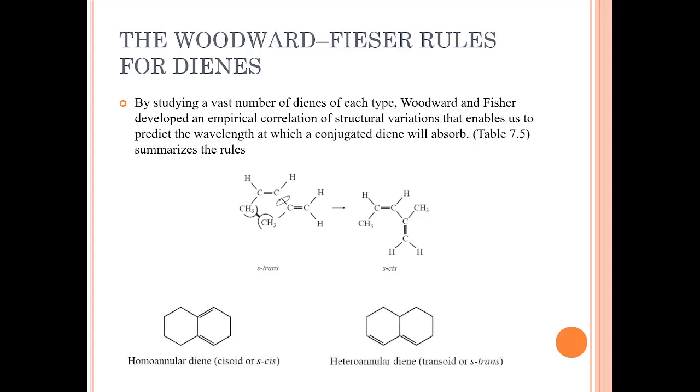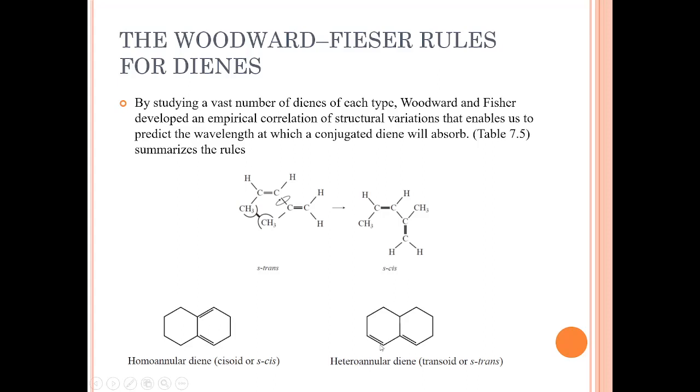Okay, so friends, you can see here this is a trans diene, also called a transoid. And this is a cis diene, called a cisoid. Whereas when we have cyclic dienes, if two double bonds are in the same ring, we call it a homoannular diene or cisoid.